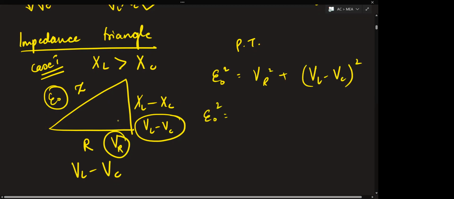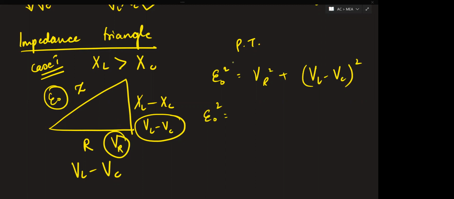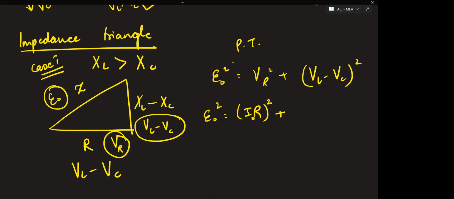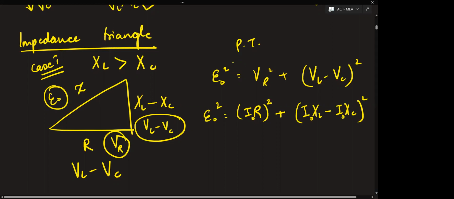In E naught square, VR was what? I think Hanya had answered this. VR was equal to I into R. So this becomes (I naught into R) whole square plus, VL was what? VL was I into XL minus I into XC, whole square. I'm taking naught because I have considered here the peak value.